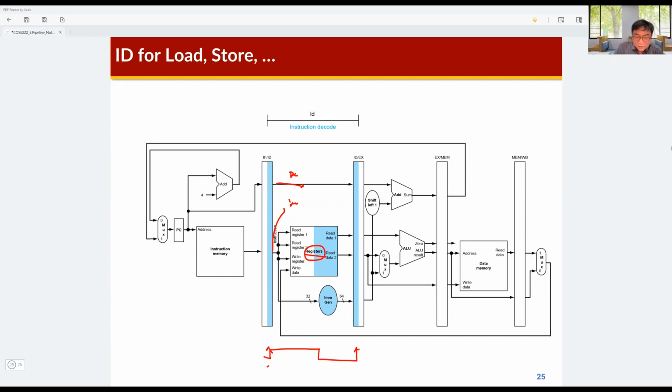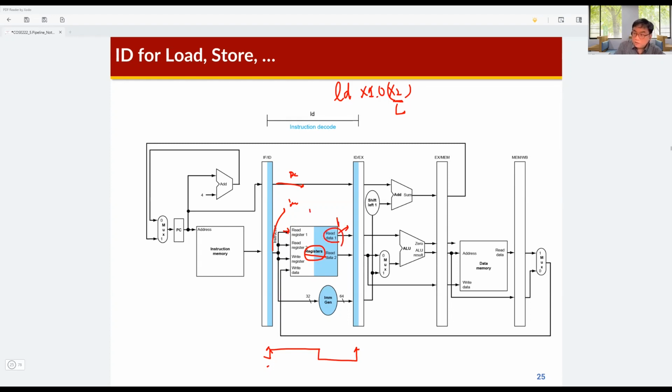Okay, so load x1, x2, and offset. So this is the read register 1 of the load instruction. Read register 1 is given to the register file, and then the base address data comes out from the register file.